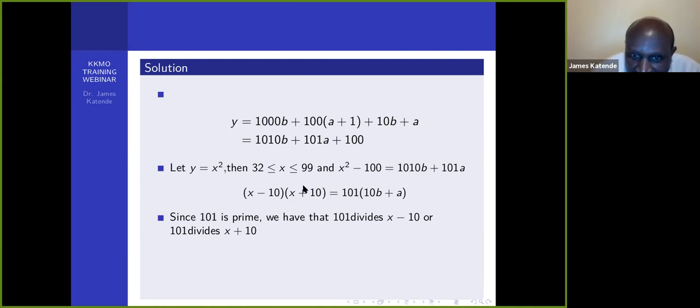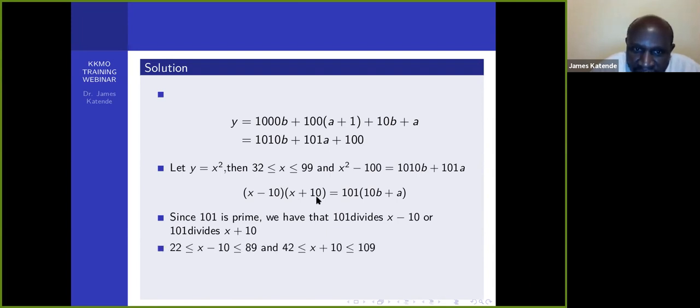So 101 is a prime number, and therefore it must divide one of them, x minus 10 or x plus 10. We need to figure out which one is divisible by 101.